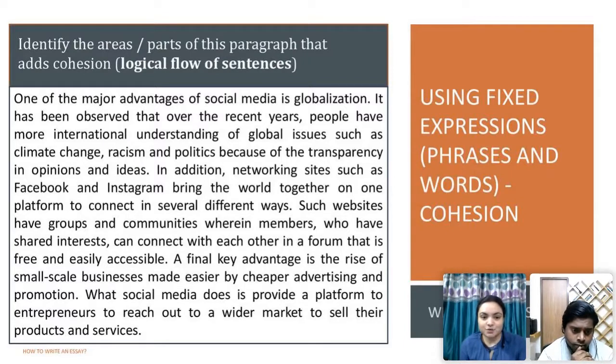Networking sites such as Facebook and Instagram bring the world together. And then in the following sentence, we are talking about groups and communities. These sentences are interconnected. They've been written one after the other to support each other. How are we providing the support?